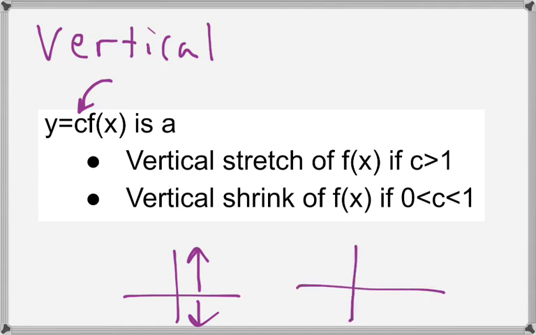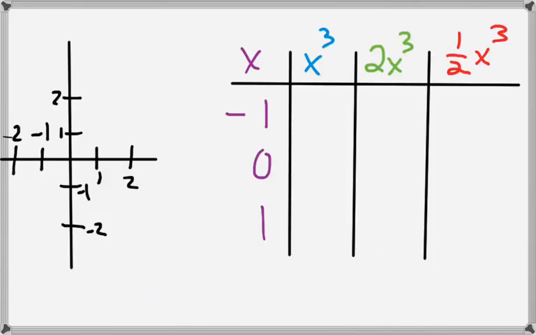And if the number is between 0 and 1, that's going to be a shrink or compression. So the graph's going to get squished toward the x-axis. And so any points on the x-axis will stay the same, but the rest of the points on the graph will change. So we're going to illustrate this here with our basic x cubed function, and then we're going to do a stretch and a shrink in the vertical direction here.